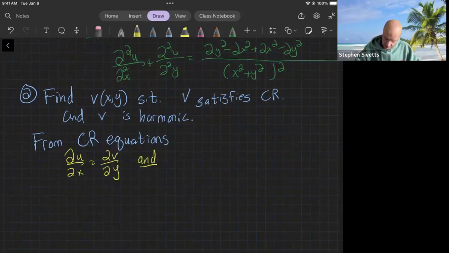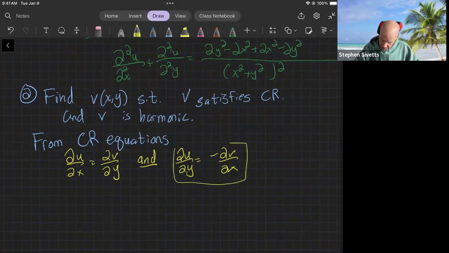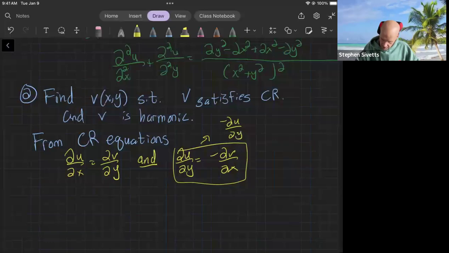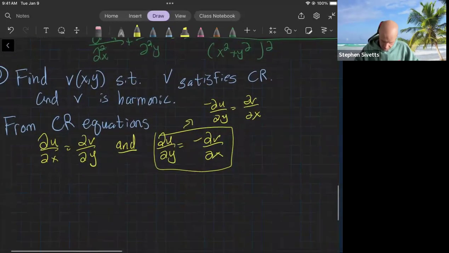And the partial of u with respect to y is equal to minus the partial of v with respect to x. Or we can just say, minus the partial of u with respect to y equals the partial of v with respect to x.